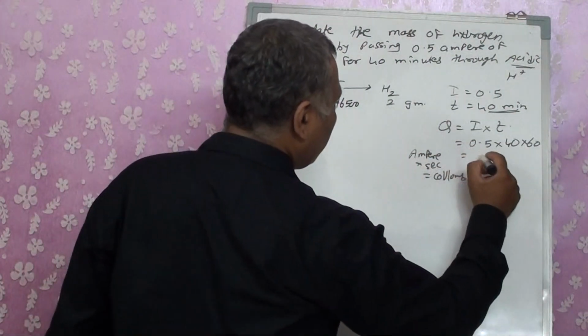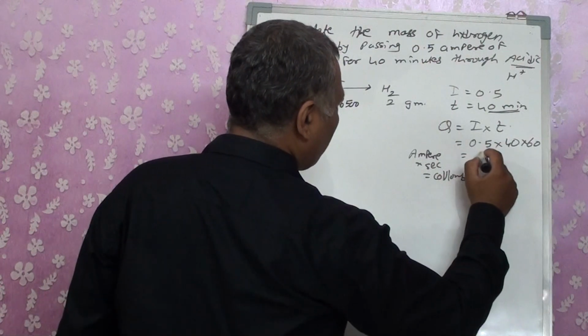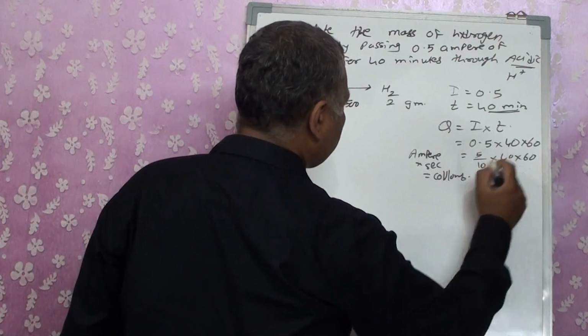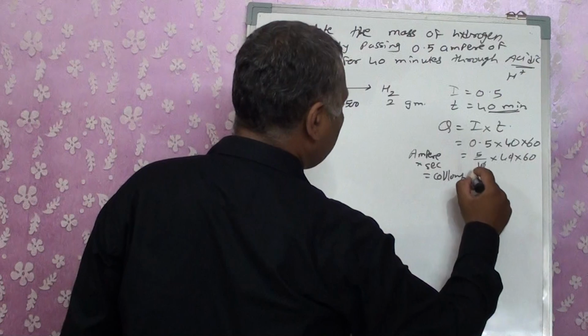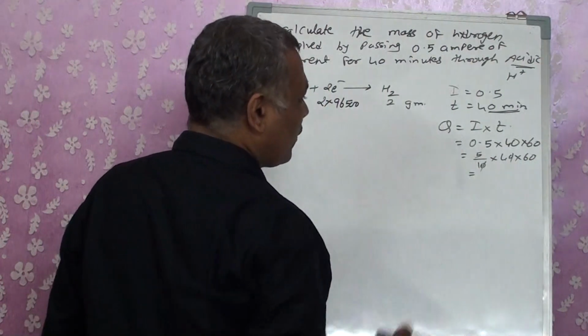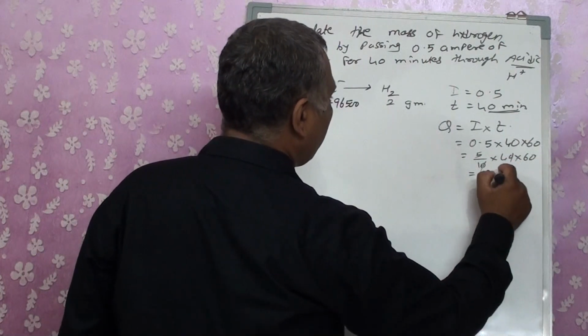So we get the answer as 1 by 2, that is 5 by 10 into 40 into 60. So can I cancel it? 5 4s are 20. This is already known to you, I am erasing it. 20, 6 2s are 120.